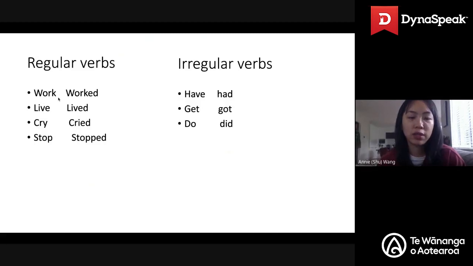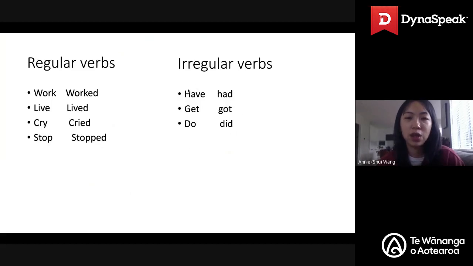For most regular verbs, we just add ed. And for verbs ending with e, we just add d. Okay, for verbs ending in consonant y, we change y to ied. And for consonant, vowel, consonant, we double the consonant and add ed.